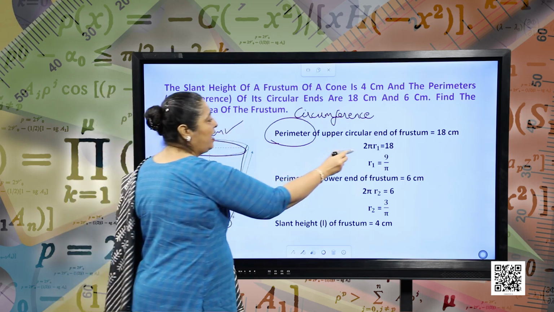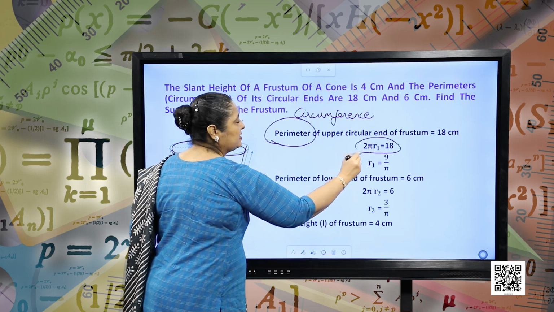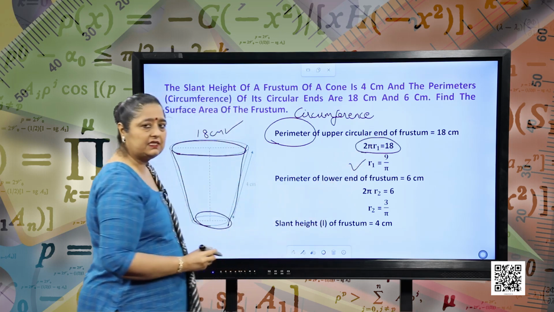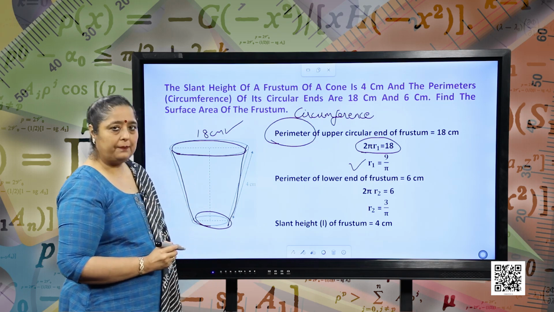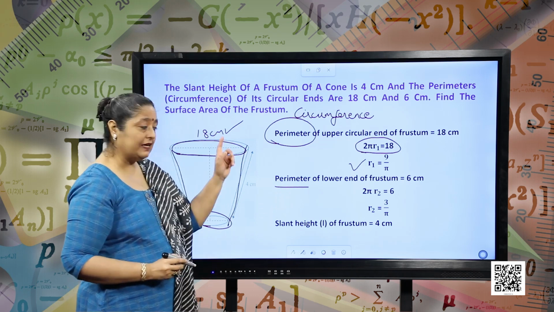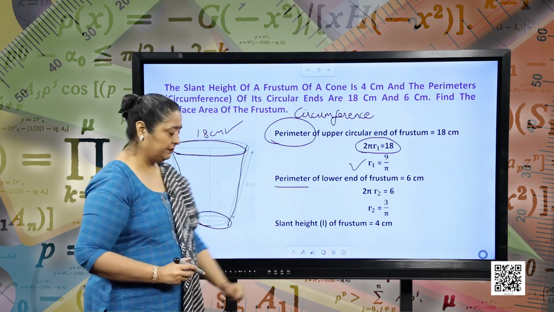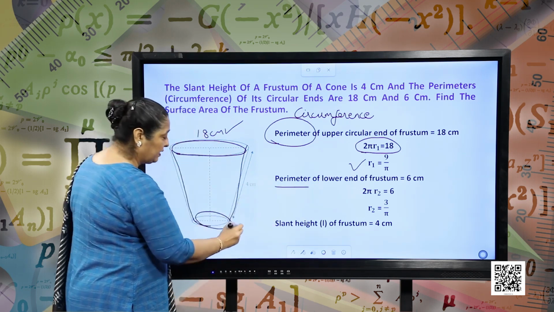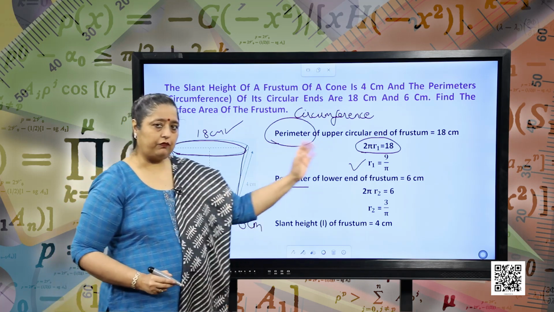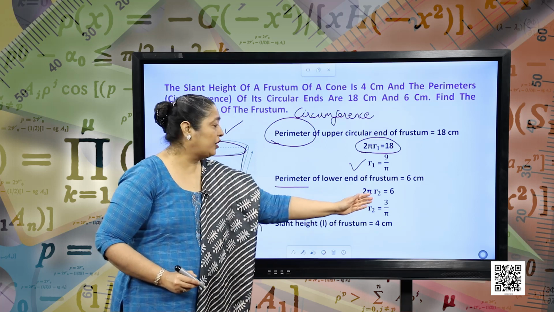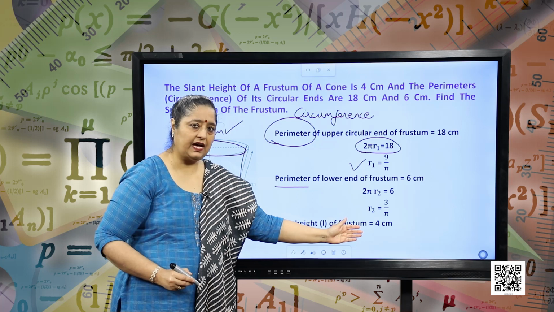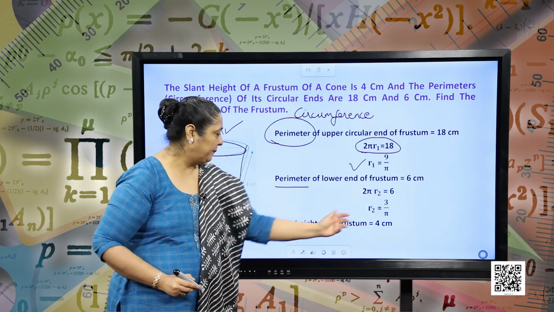So, 2 pi r1 is equal to 18 and we can find the value of r1 as 9 divided by pi. Similarly, the perimeter or the circumference of the lower end of the frustum. This is the lower end. Perimeter is 6 centimeter. So, substituting the formula, we have 2 pi r2 is equal to 6. So, the value of r2 can be given as 3 by pi.